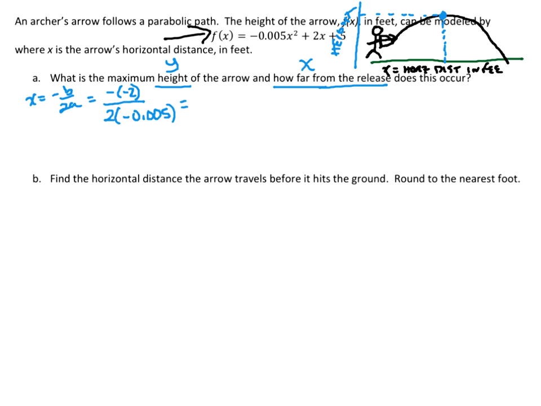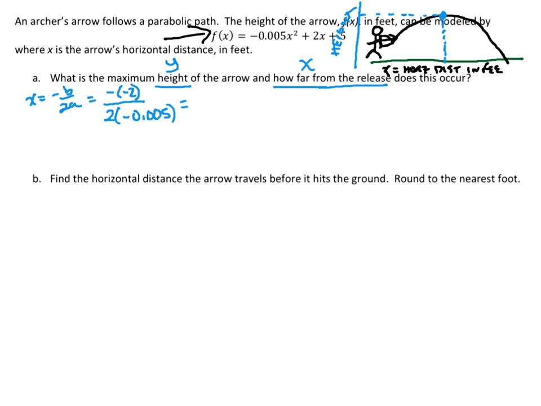Let me do this a different way. 2 times 0.005 is 0.01, so negative 0.01. 2 divided by 200.